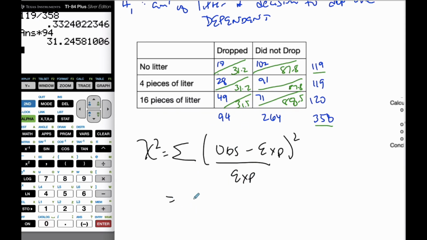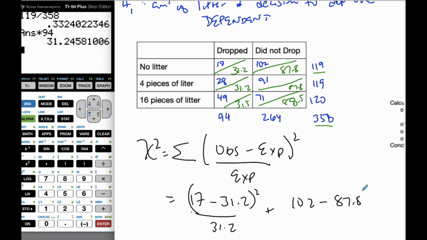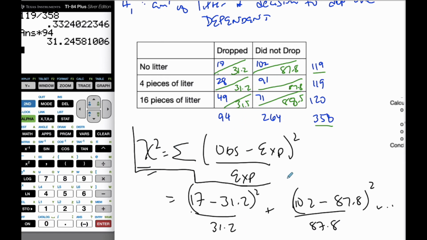So the first cell would be 17 minus 31.2 squared divided by 31.2. Plus, then I would go to this one. I would go 102 minus 87.8 squared divided by 87.8, and so on. All these values here is how I calculate this chi-squared statistic with this particular formula here.